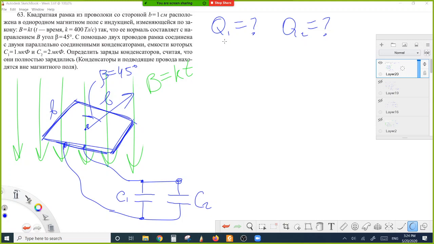Well, Q1 and Q2. First of all, you try to find electric motive force.